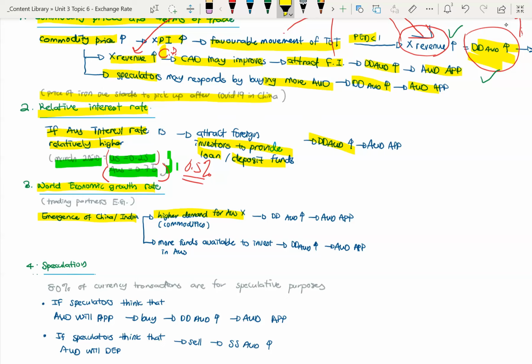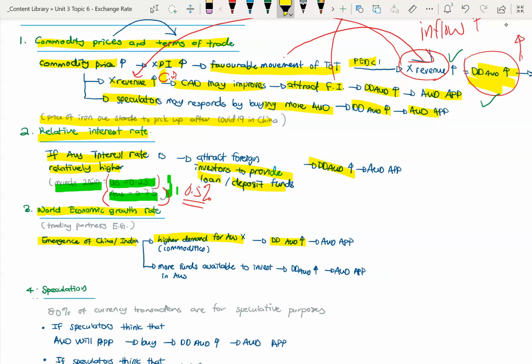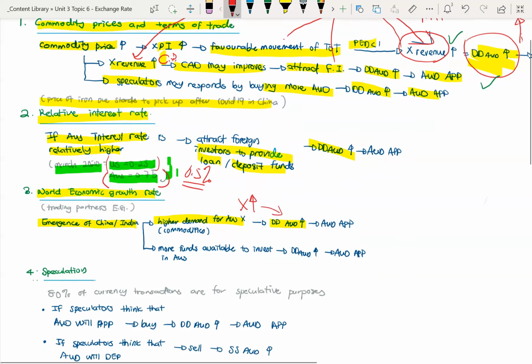They need a lot of commodities. So demand for Australian exports would rise. Then when they demand Australian products, they have to pay. So export rises. Export is an inflow of money, leading to demand for Australian dollar to rise.